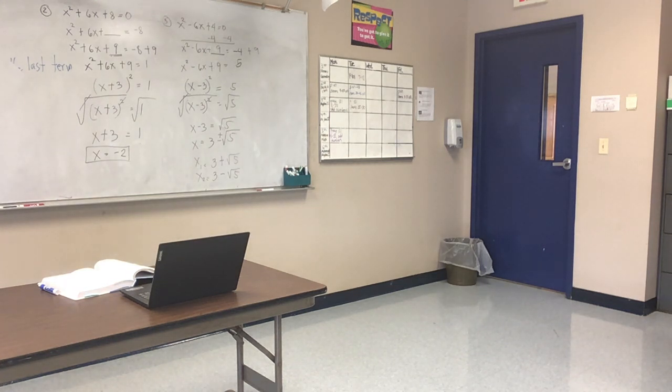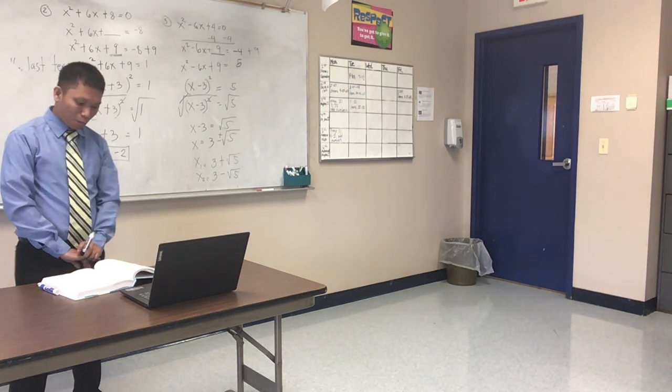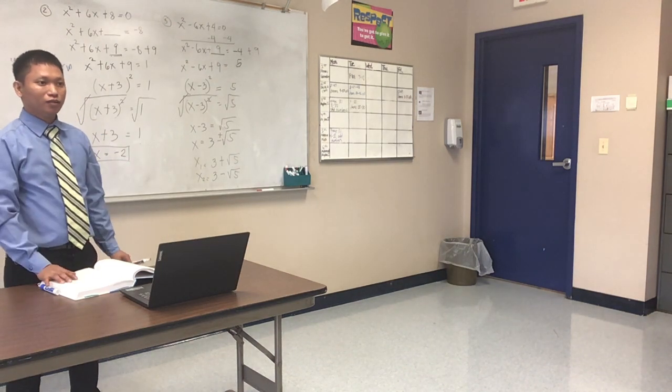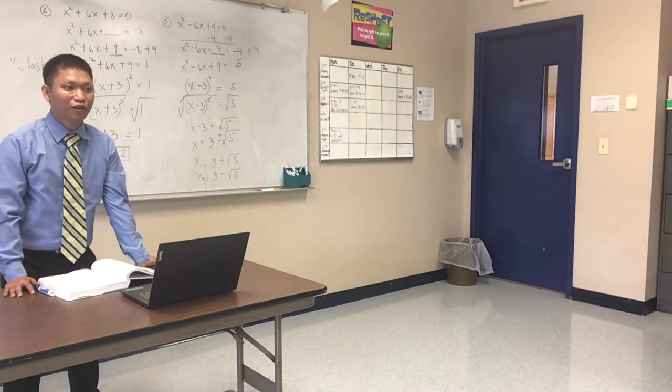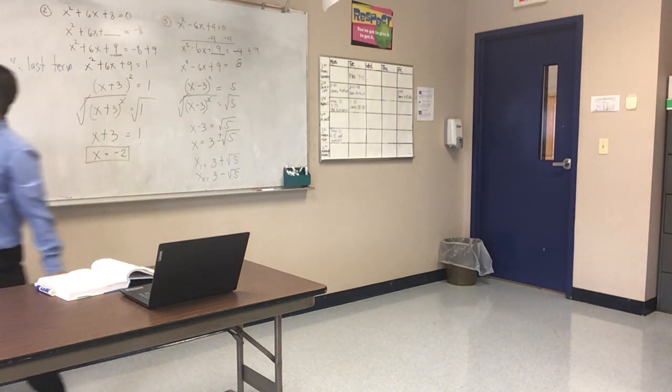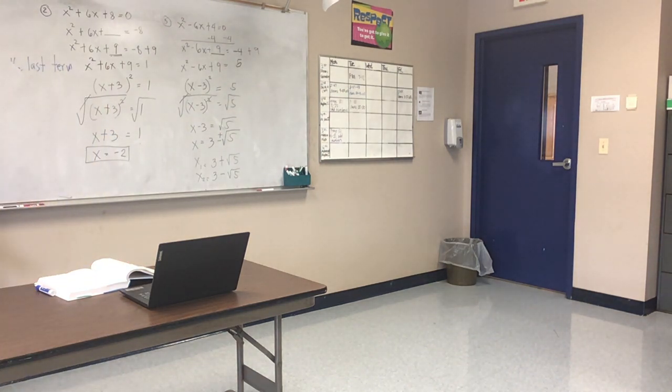Observe first before we solve. What am I observing in the given example? The 2 of x squared. So x squared should be just x squared.